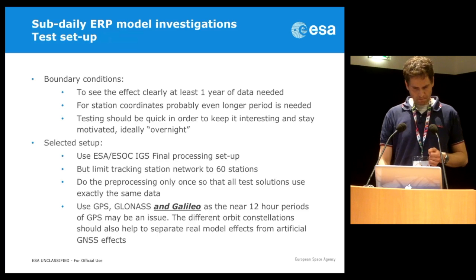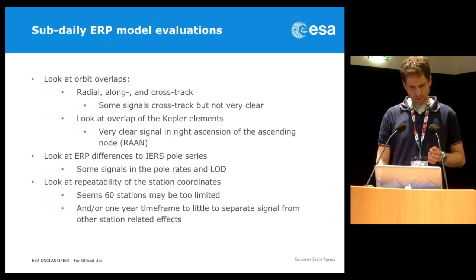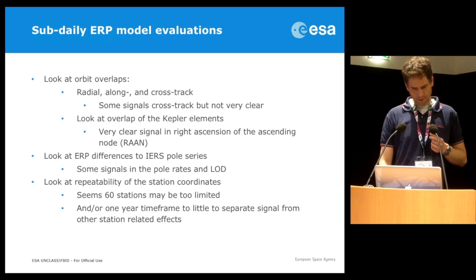So he looked into 2 different metrics. He looked into the orbit overlaps, in the traditional radial, along, crosstrack components. And he saw some signals in the crosstrack, but not very clear. And then he converted these differences into Keplerian elements.